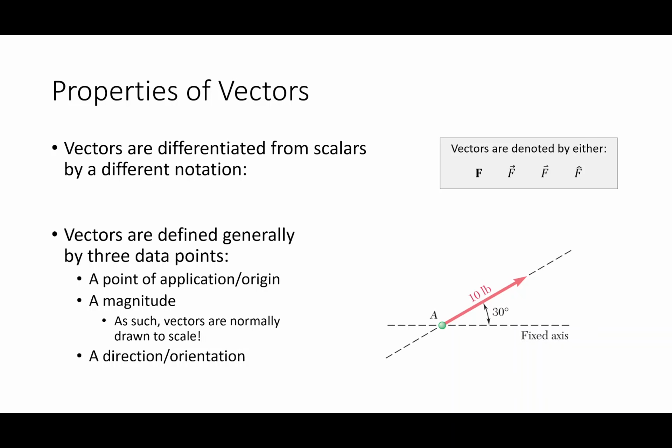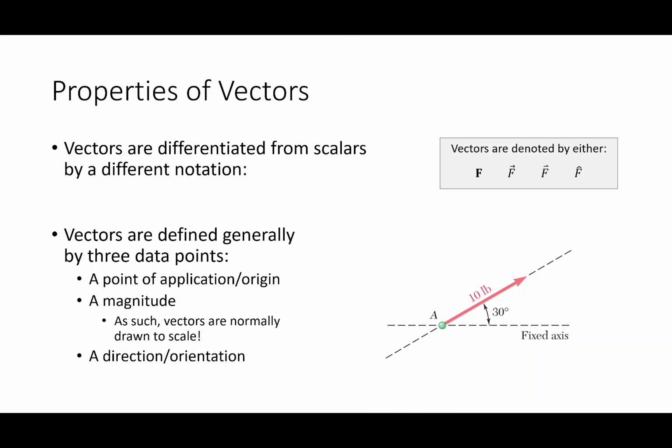One of the things you will see is that vectors are typically drawn to scale, at least at the onset of a course where we're first trying to understand what vectors are. To be blunt, as we get later on in the semester, we might be a little fast and loose with that. But for now, we're going to try and draw vectors to scale. So the idea is this is a 10-pound vector.